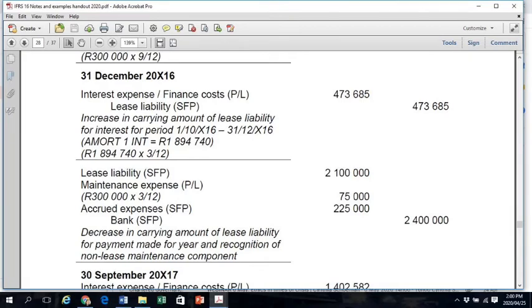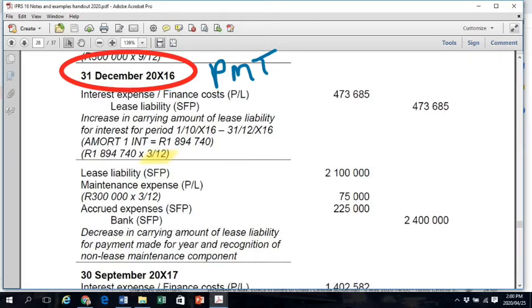The next date for journal entries is 31st December, being my payment date. This now falls in the new financial reporting period. So now we have to account for the 3 remaining months of the first payment's interest that falls into this new financial reporting period.